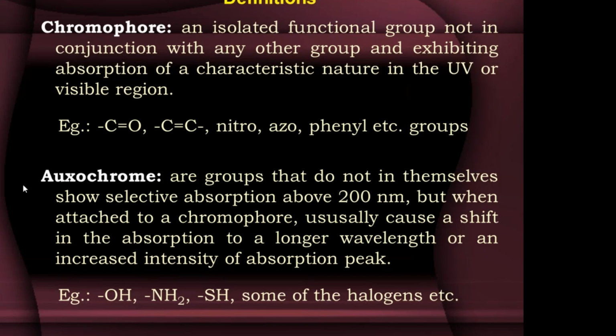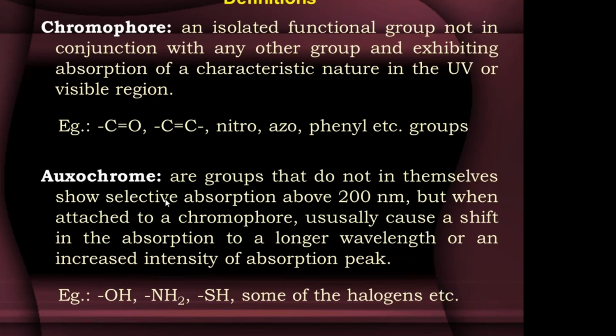The other type of group is the auxochrome. See the difference? This is chromophore, this is auxochrome. These are groups that do not in themselves show selective absorption above 200 nanometer, but when attached to a chromophore, usually cause a shift in the absorption to a longer wavelength or an increased intensity of absorption peak.